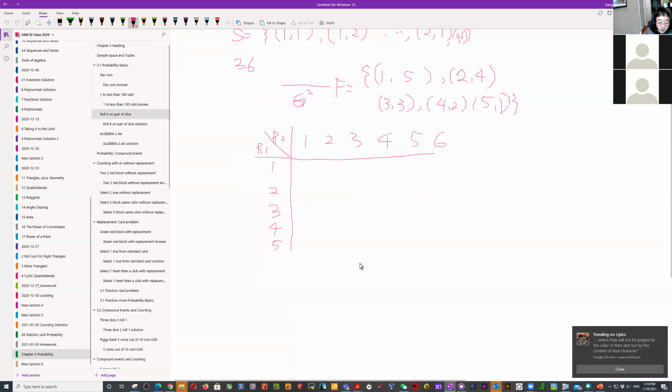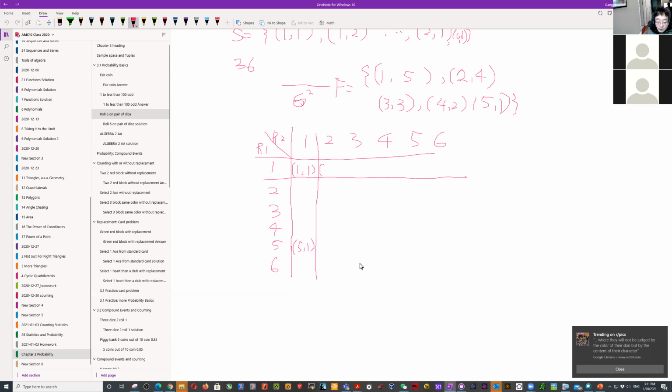This matrix just helps you stay organized and construct the couples in an ordered way. On the intersection of row and column, we have for example 1 and 1. That is the tuple we are constructing. And after you construct it, you will find that this is 5 and 1.